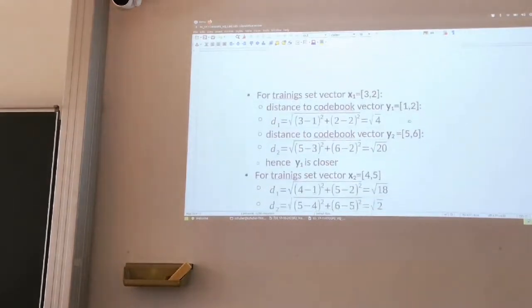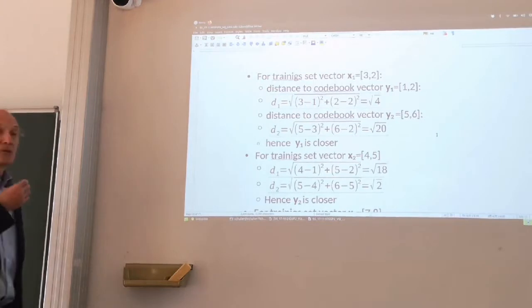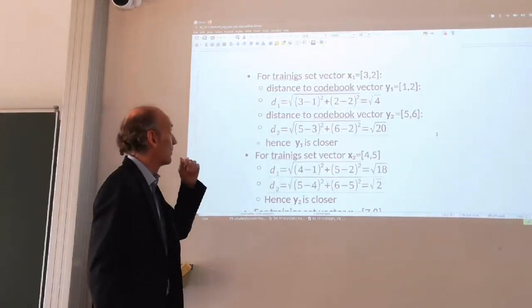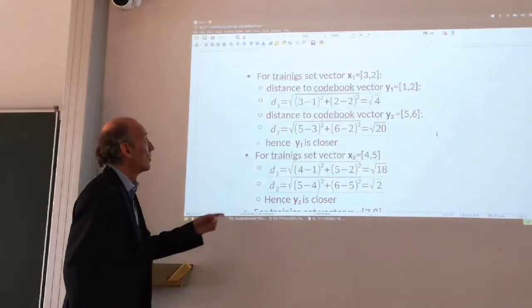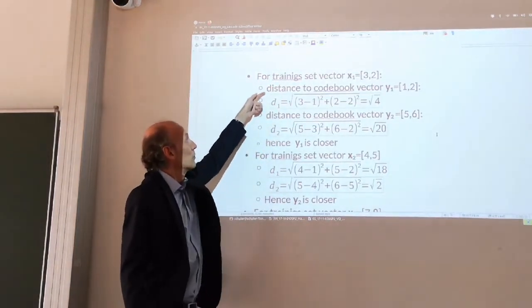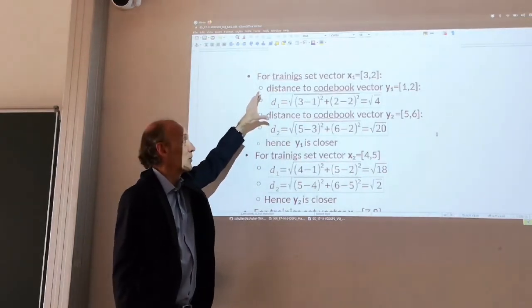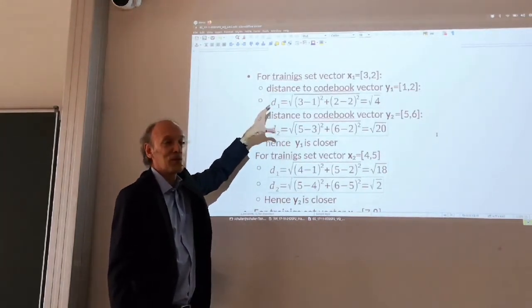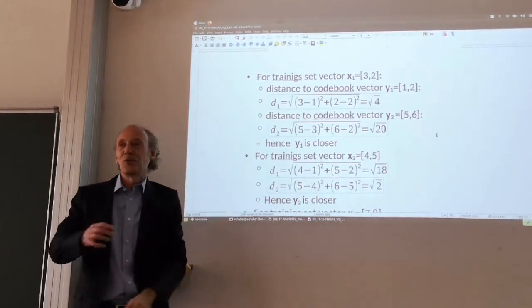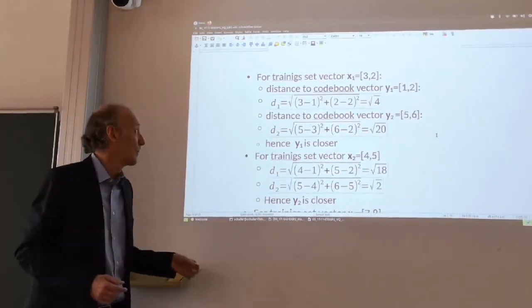So this is now how you would actually do it in a computer. For each training set vector, you compute the distances to the two code words, or to all code words. Right here we just have two code words, so that makes it easy for this example. But in general, your computer doesn't mind if you have, for instance, hundreds.